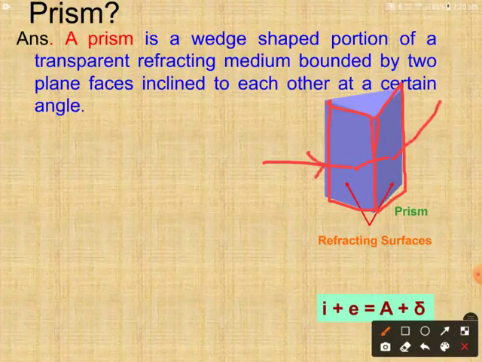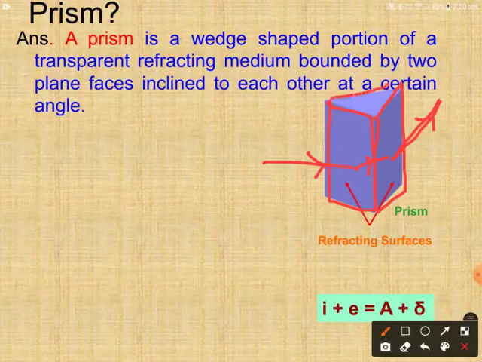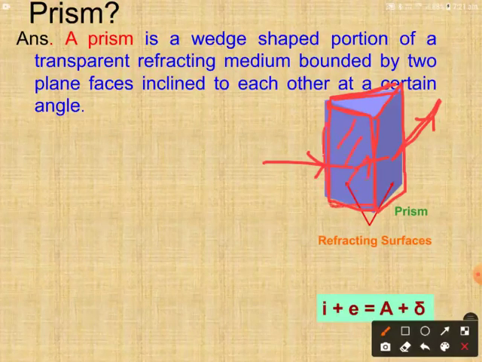This is the incident ray, the refracted ray, and the last one will be the emergent ray. Now when we take it like this, the other rectangular surface which is not seen, that means on the other side of the screen, that rectangular face is not taking part in the refraction. So when we define a prism, we define it only with these two faces, this face and this face.